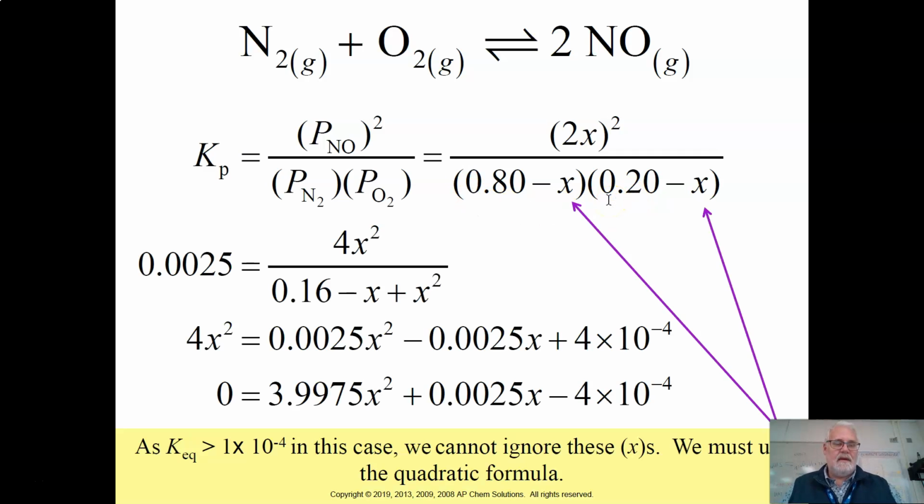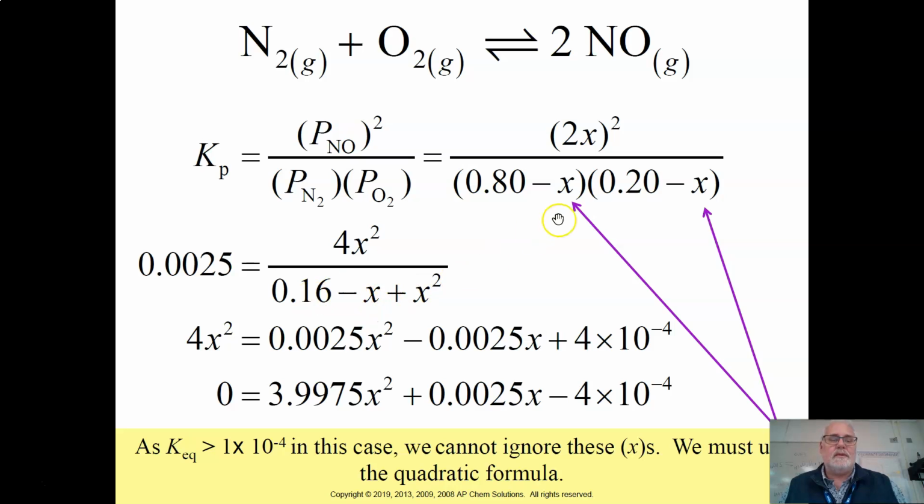However, we have reached a situation where Keq is greater than 1 times 10 to the 4th. It just is not a small enough value for us to guarantee that I can leave those x's out of the mix. So that means on this problem, you get to do some fun math.